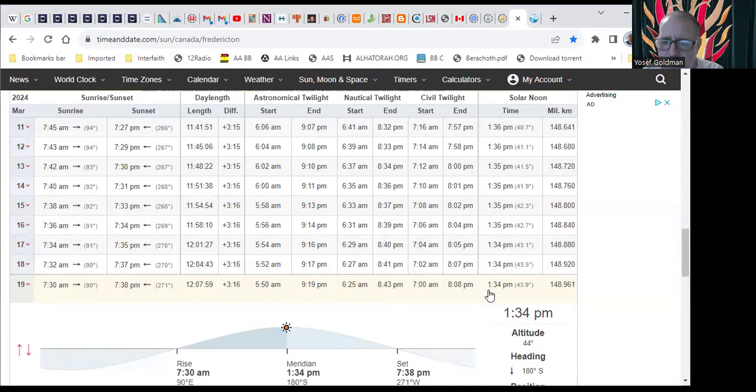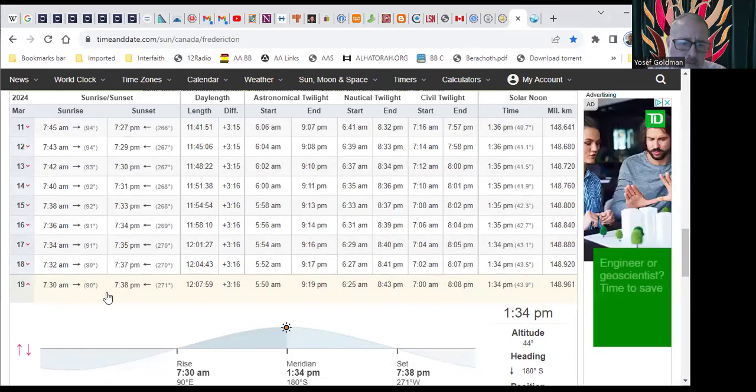Solar noon, the time is 1:34 p.m., which actually calculates if we take the sunrise of 7:30 a.m. and until the daylight, which is 12:07 hours, and we divide that into 12, then of course that's 1 hour and about half a minute, and so 1:34 p.m. would be the solar noon.